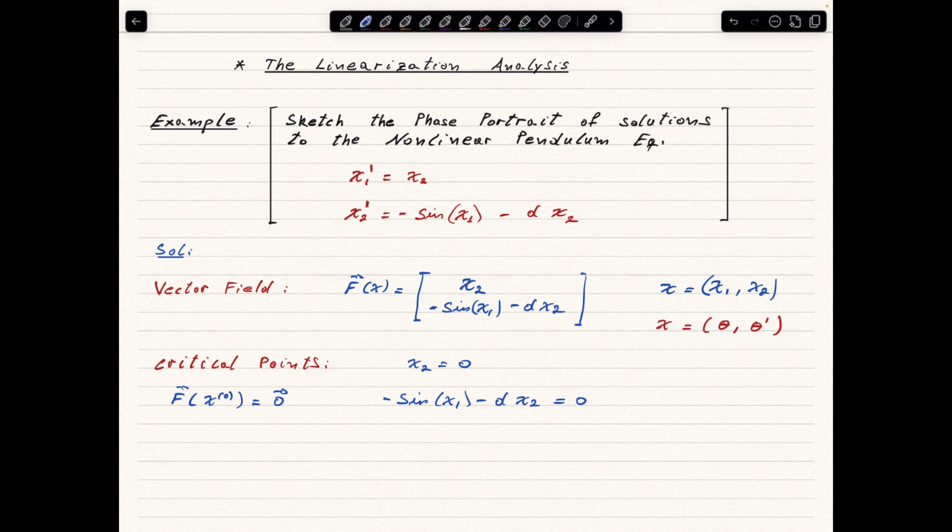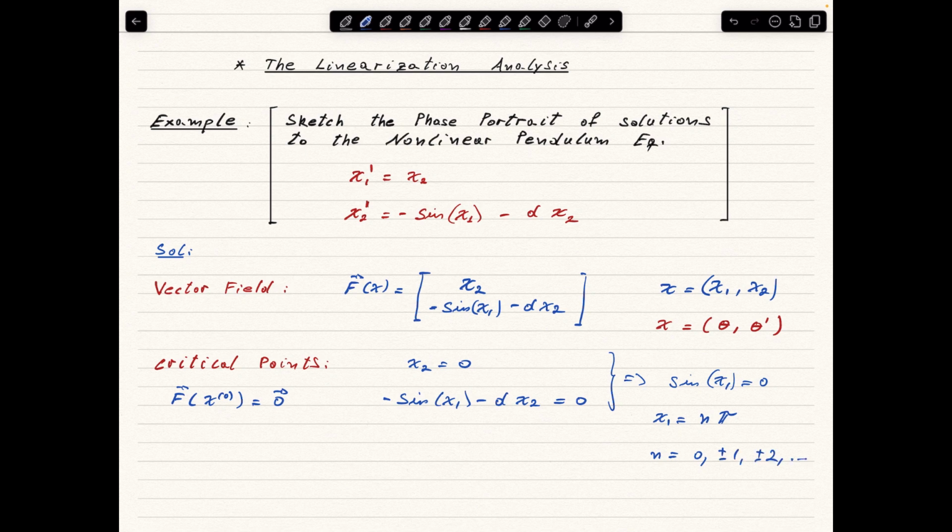And because x2 is 0, then the second equation says, oh, then sine of x1 has to be 0. And the solutions are x1 a multiple of pi, any multiple of pi. Here n can be 0, can be plus or minus 1, can be plus or minus 2, and so on.